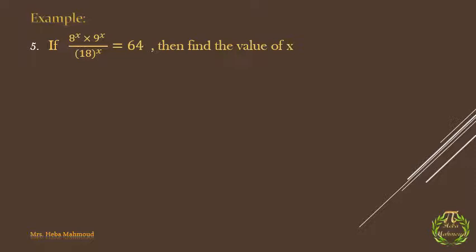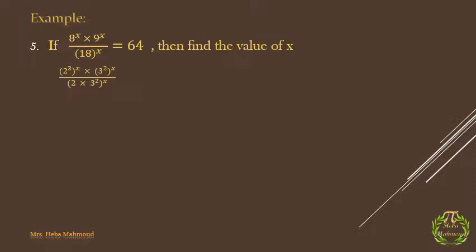Example number 5. If 8 power x times 9 power x over 18 power x equal 64, then find the value of x. First, we have to factorize each number. Since we know that 8 power x will be 2 power 3, so it will be 2 power 3 all power x.